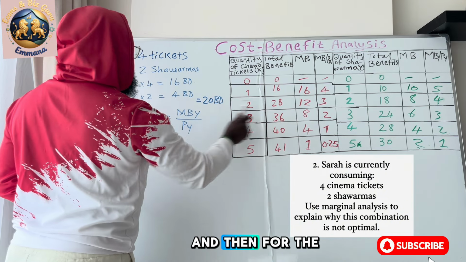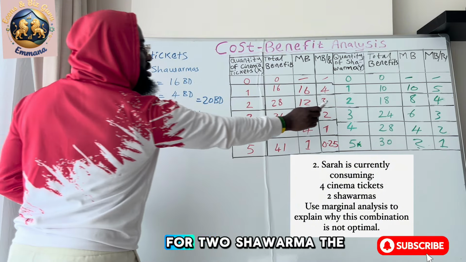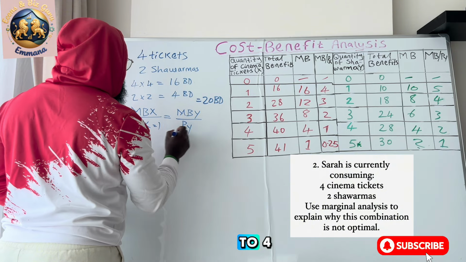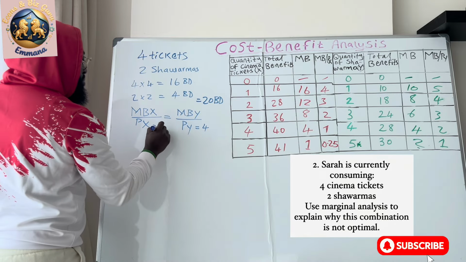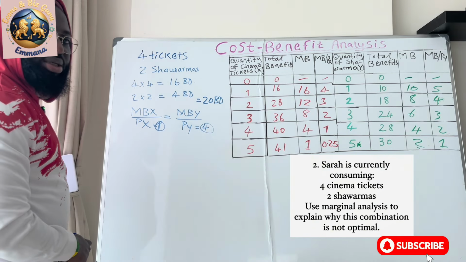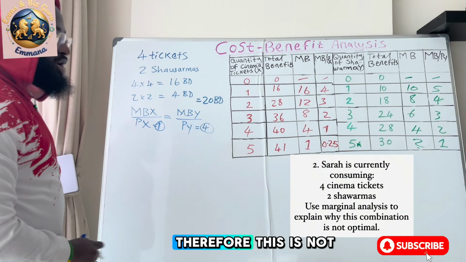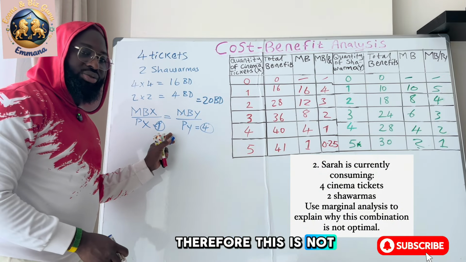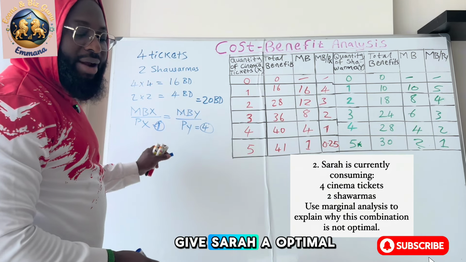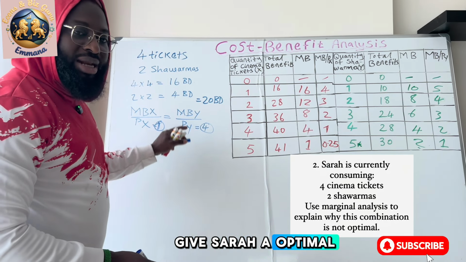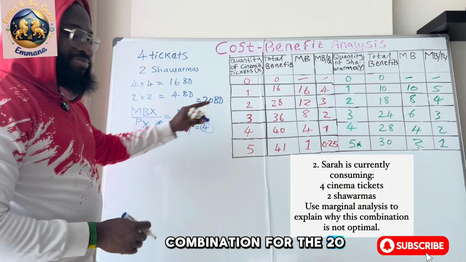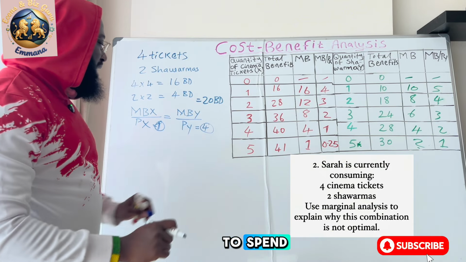And for the 2 shawarma, the marginal benefit per price is equal to 4. 1 and 4, so they are not equal. Therefore, this does not give Sarah an optimal combination for the 20 BD that she is going to spend.